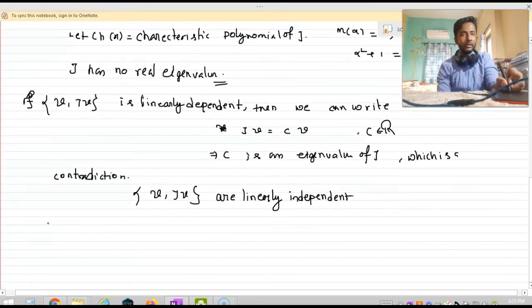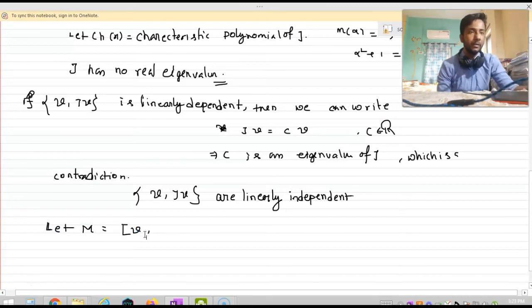First of all, let me construct a matrix M equal to [V, JV].